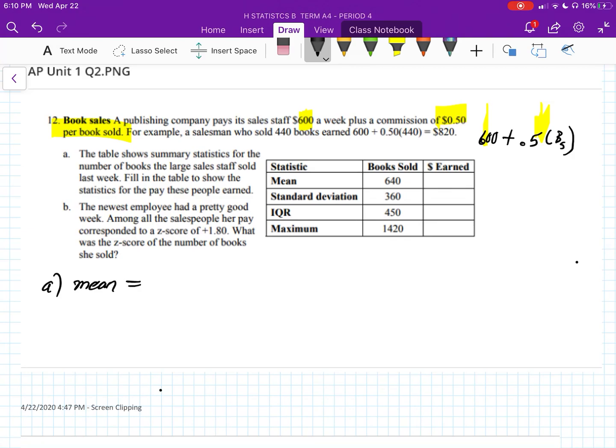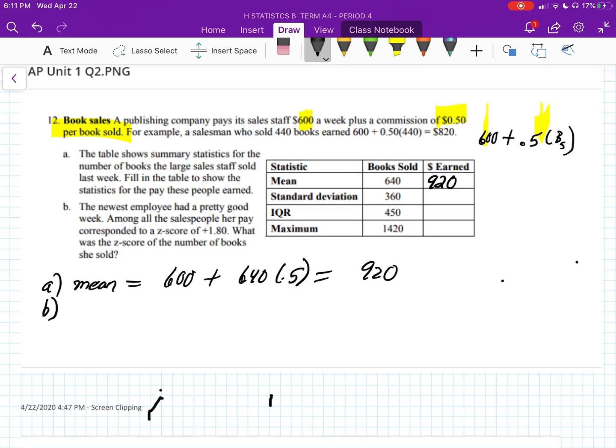The mean is going to be, let's say, that 600 you make no matter what, plus an average of, in this case, the average number of books sold was 640, so we added half of that, and that comes out to be $920 is the average amount of money made if the average number of books sold is 640.